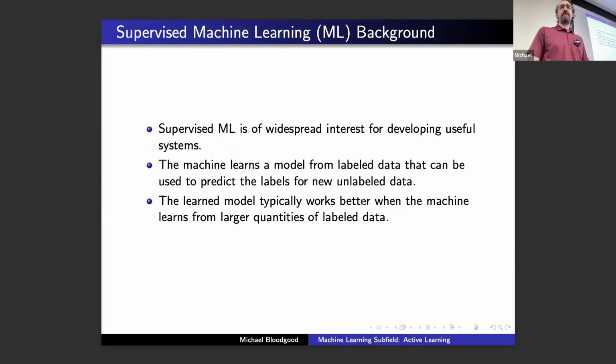So first, an introduction. This is in the context of supervised machine learning, which is of widespread interest for developing useful systems. In this context, the machine learns a model from labeled data that can be used to predict the labels for new unlabeled data. The learned model typically works better when the machine learns from larger quantities of labeled data.